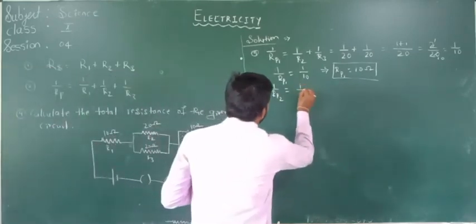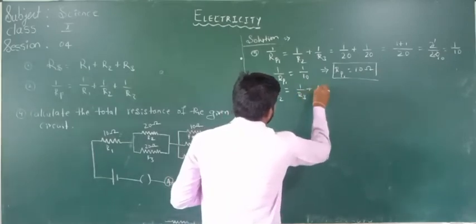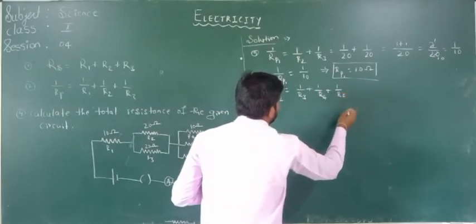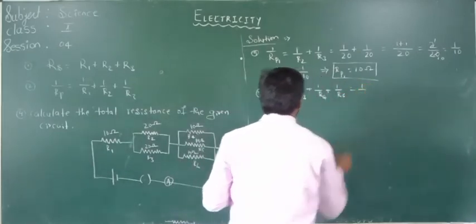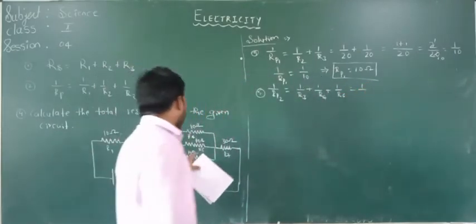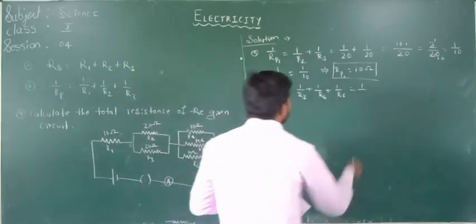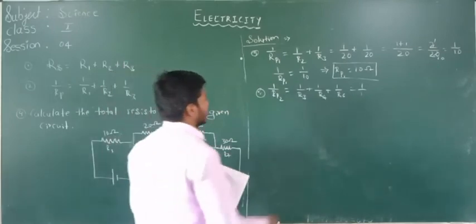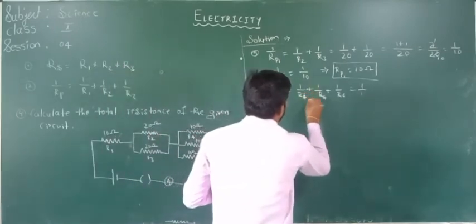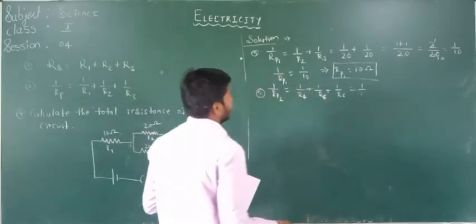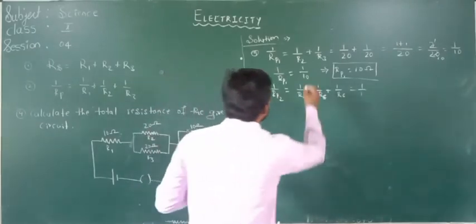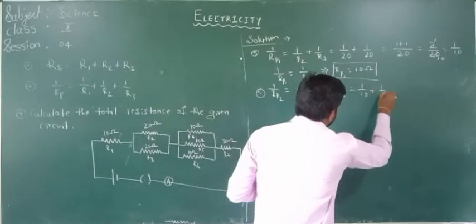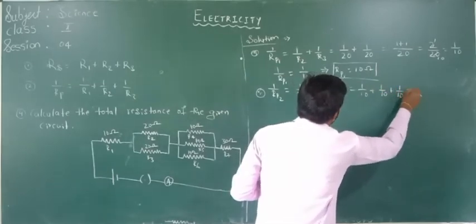Therefore 1 divided by R4 plus 1 divided by R5 plus 1 divided by R6, that is equal to, the values of R4, R5 and R6 are 10 ohms, that is 1 divided by 10 ohm plus 1 divided by 10 ohm plus 1 divided by 10 ohm.